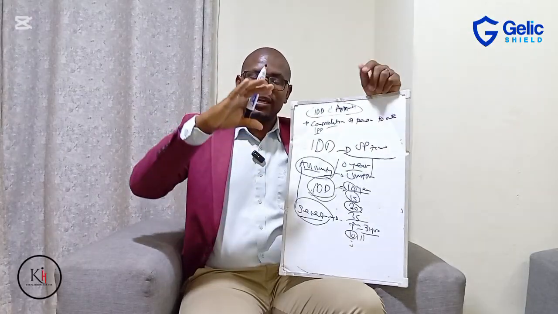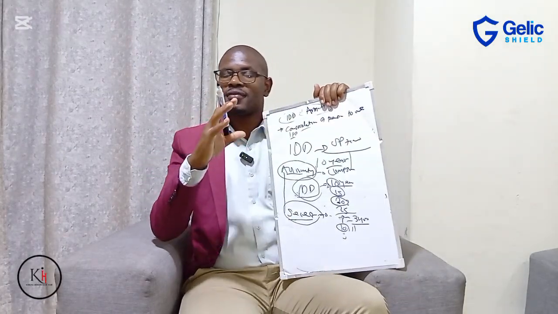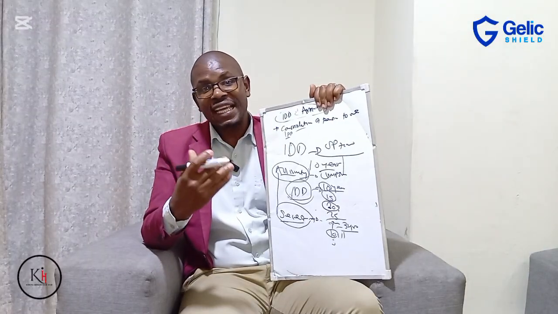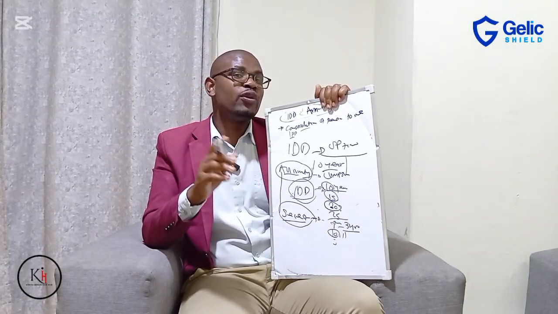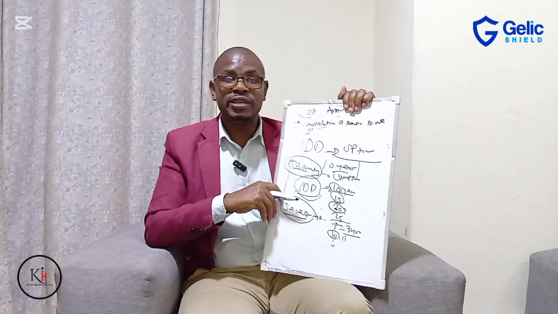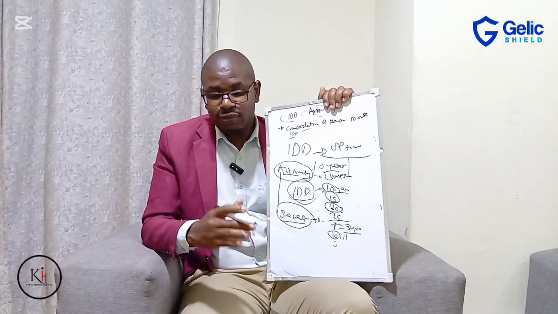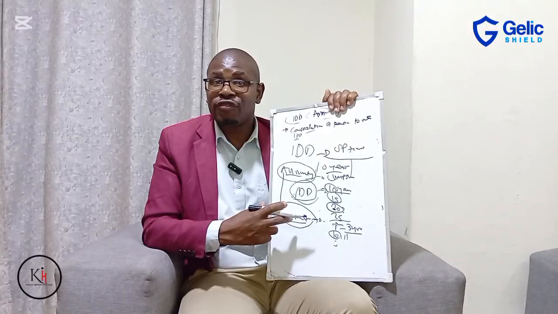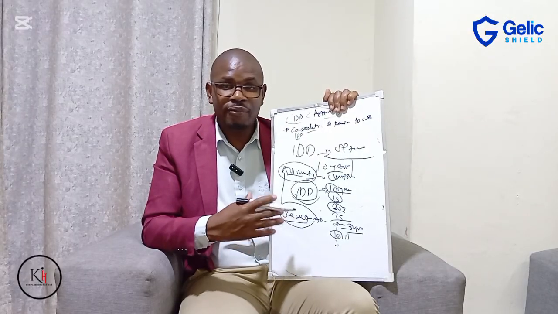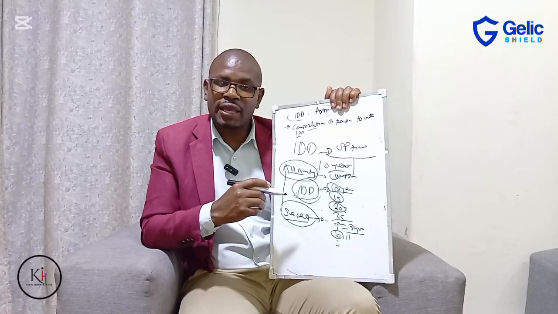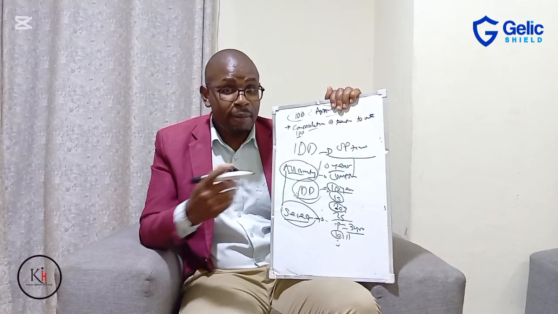That one makes your cover. Sometimes it gives you more, some other times it gives you less, depending on what you choose. That is why we advise you it's always good to have a sit down with someone with the knowledge of annuities and IDD, or basically this kind of schemes, so that you don't make a bad decision.